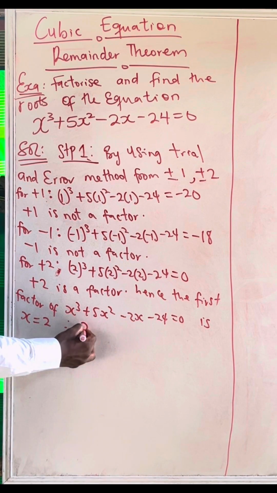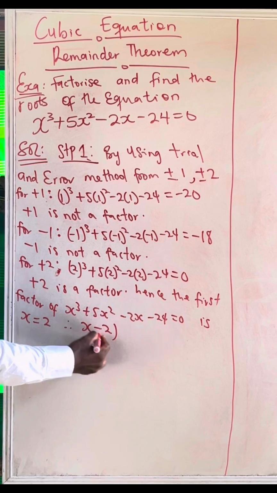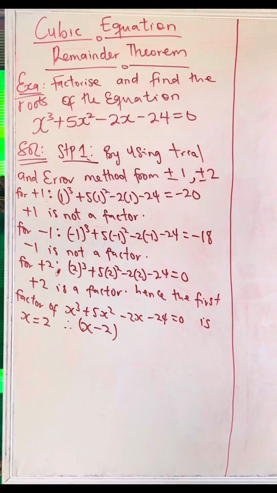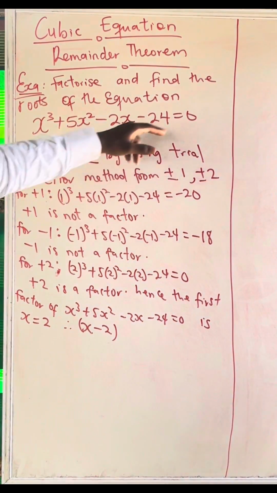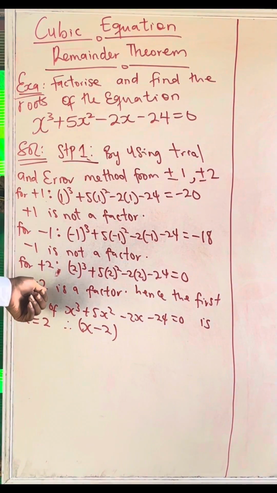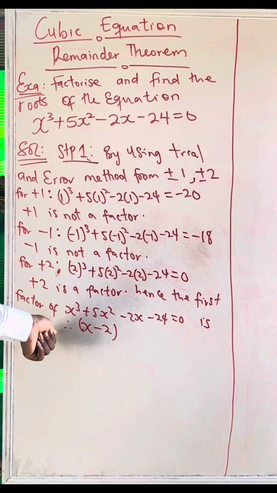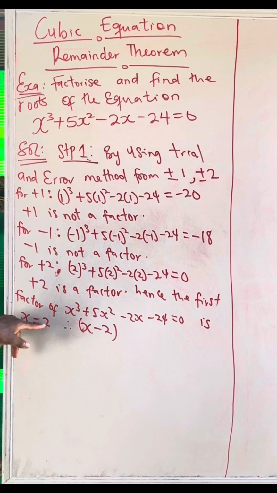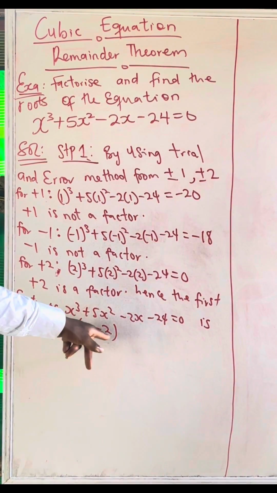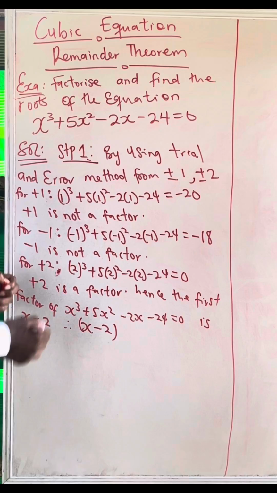That is to say, x minus 2. So the first value for x that gives us 0 is 2. Therefore, if I bring this 2 to the other side, we get x minus 2. So this is the factor. That is step 1.